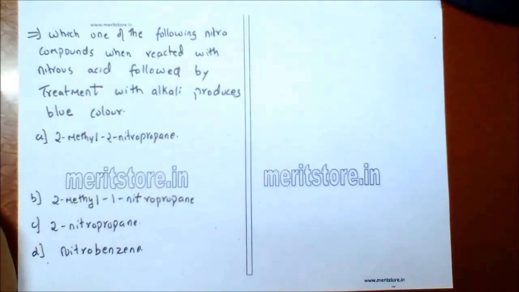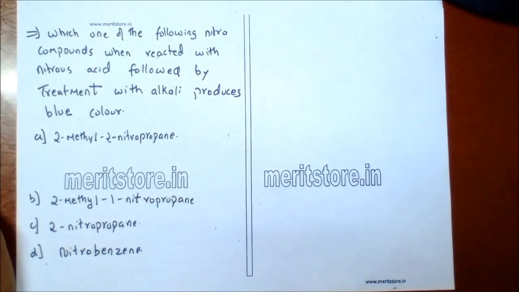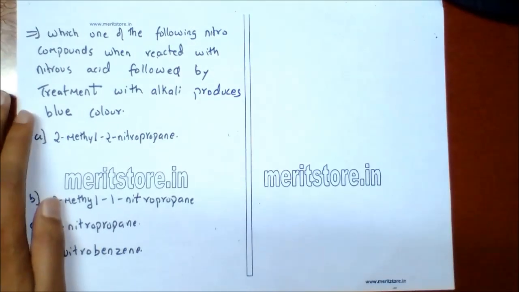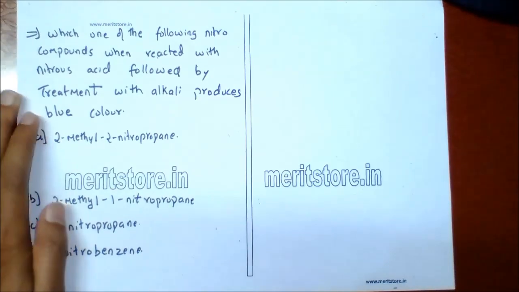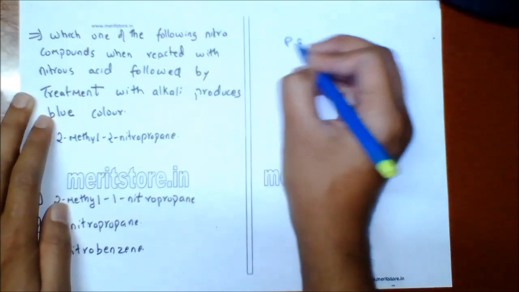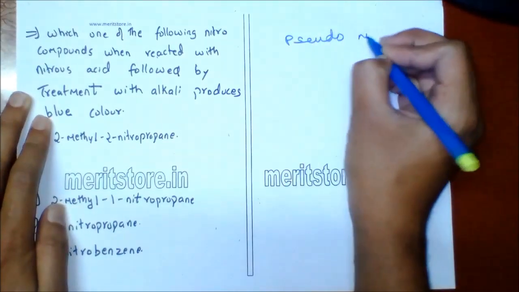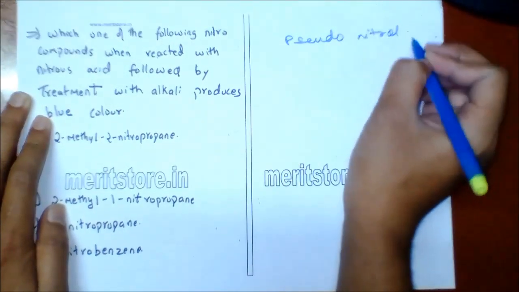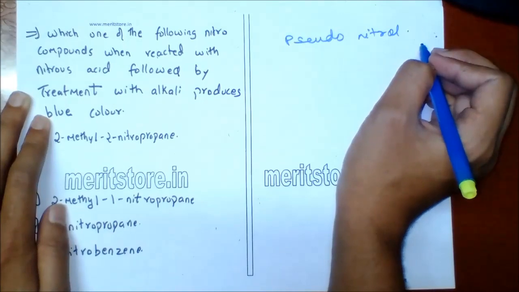Which of the following nitro compounds, when treated with nitrous acid followed by treatment with alkali, produces blue color? So a nitro compound attached to a secondary carbon atom will give pseudonitrole with nitrous acid, which on further treatment with alkali gives blue color.